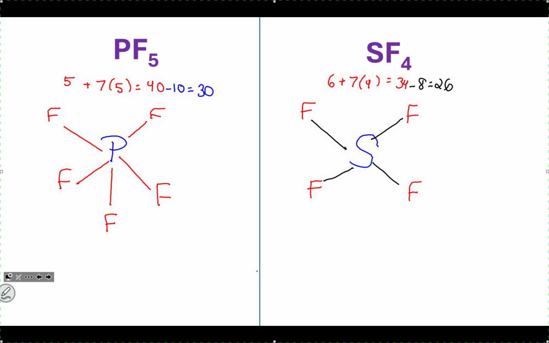The next step is to put a complete valence on the terminal atoms or the fluorine atoms. Since each fluorine already sees 2, it needs 6 more or 3 lone pair.